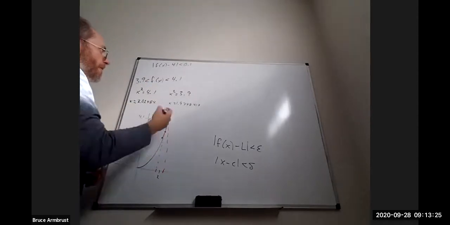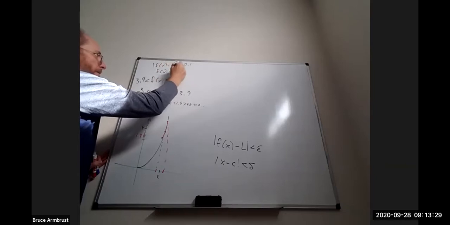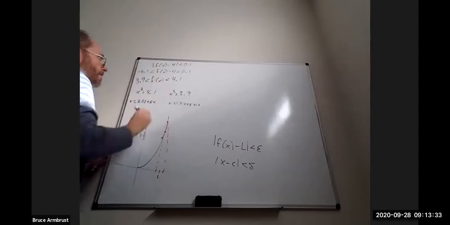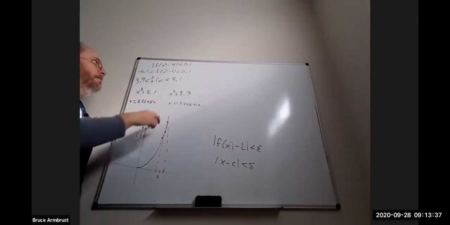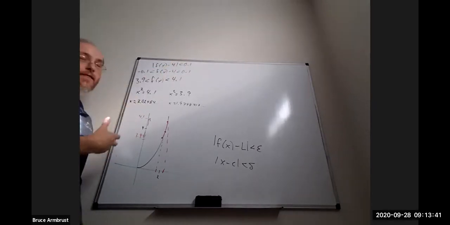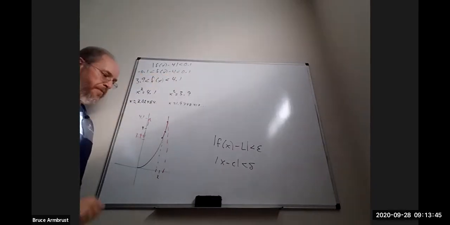Well, I don't know if you remember your absolute value inequality stuff, but you can actually turn this into a compound inequality. If your absolute value is less than a number, it's the same as the thing inside being less than that number and greater than the negative.